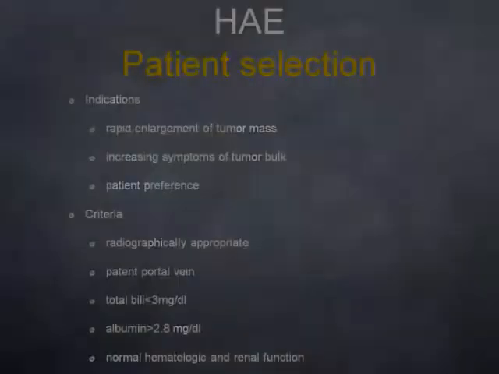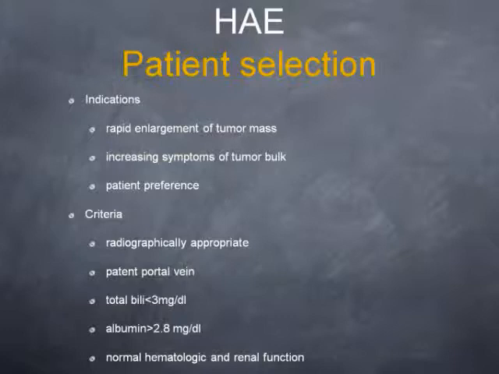Patient selection, the indications are rapid enlargement of tumor mass, increasing symptoms of the tumor bulk, and patient preference. The criteria that we use radiographically and metabolically are whether it's radiographically appropriate to do, is the portal vein, one of the blood vessels in the liver. There's a hepatic artery and a portal vein, so the liver has 2 blood supplies.